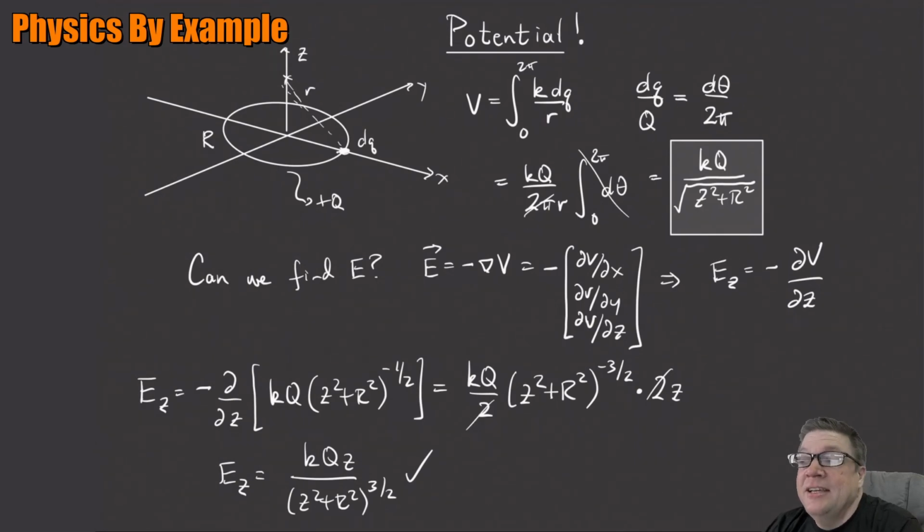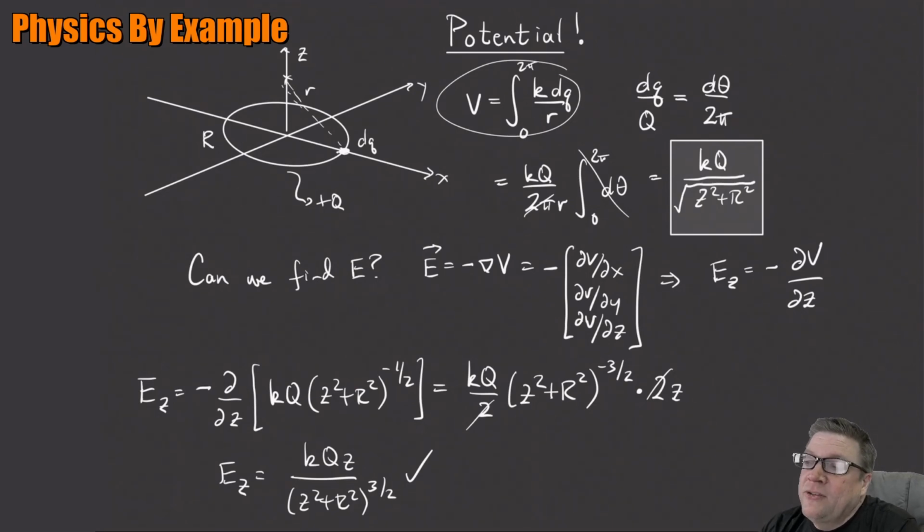But it is easy if it's just a number. So a lot of times finding the potential is easier because there's no vector involved. And then to get the electric field, you just take its derivative. Usually that's not so bad. A derivative is just a mechanical process. You can take the derivative of any function if you're patient enough.